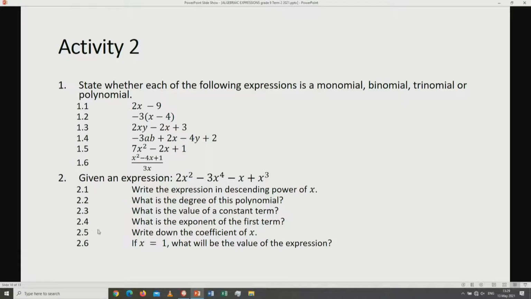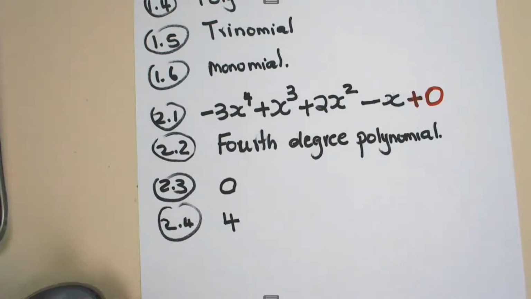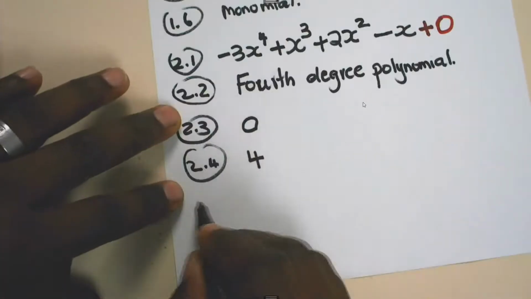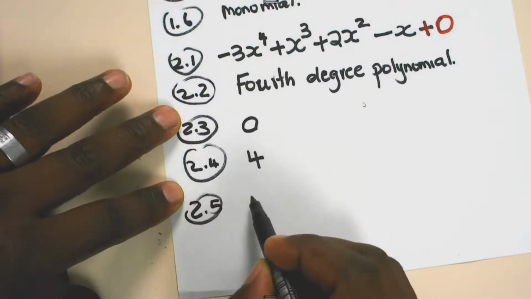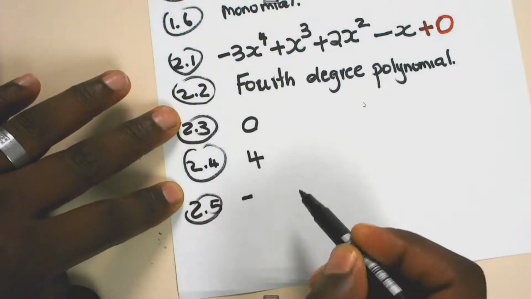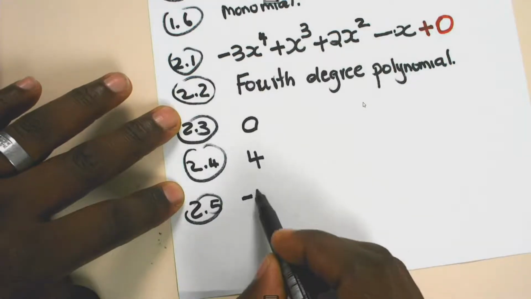Number 2.5, write down the coefficient of x. The coefficient of x is the number next to x. You see there is x here, that is negative, and therefore the coefficient of x is going to be how much? It's going to be -1, because it is the number next to x.